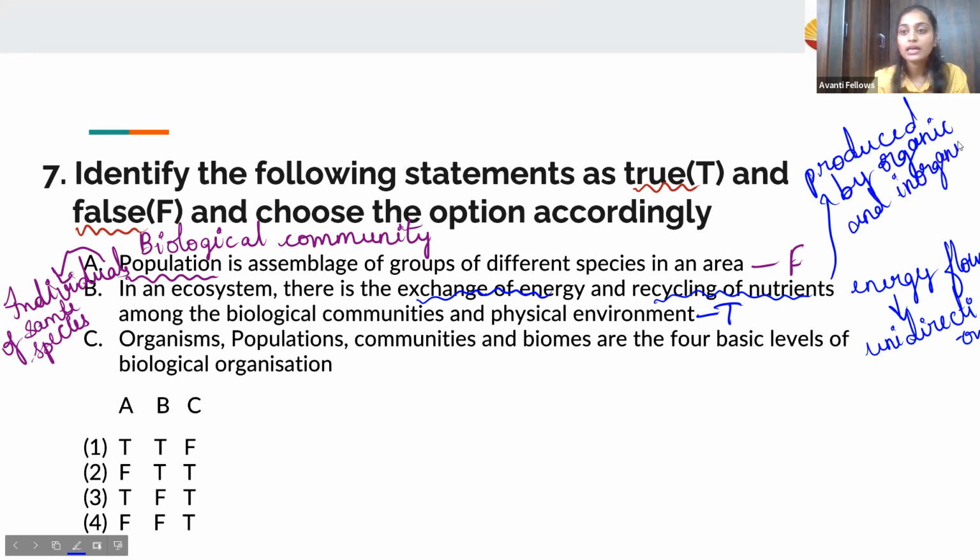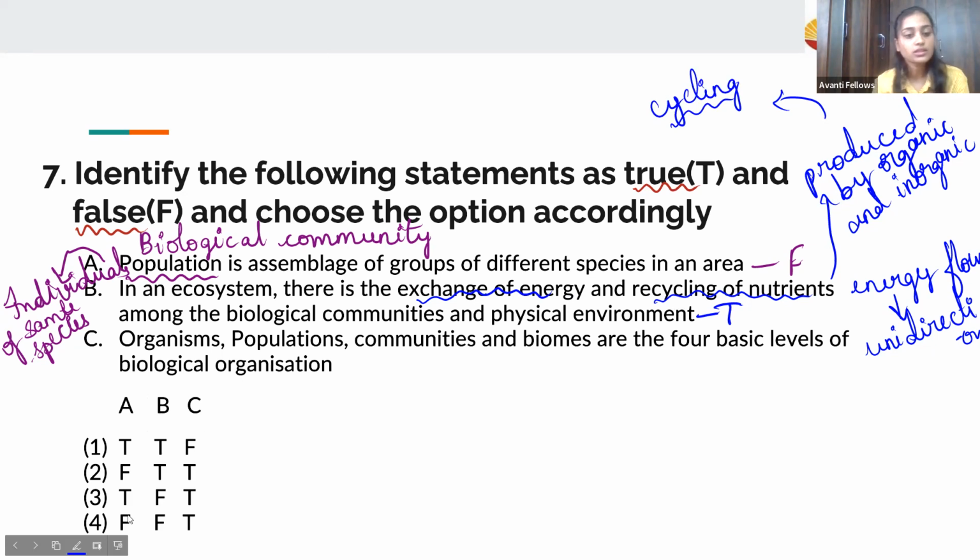The exchange and flow of these nutrients is known as cycling in the ecosystem. So obviously these nutrients will recycle. Yes, and this statement is absolutely true.